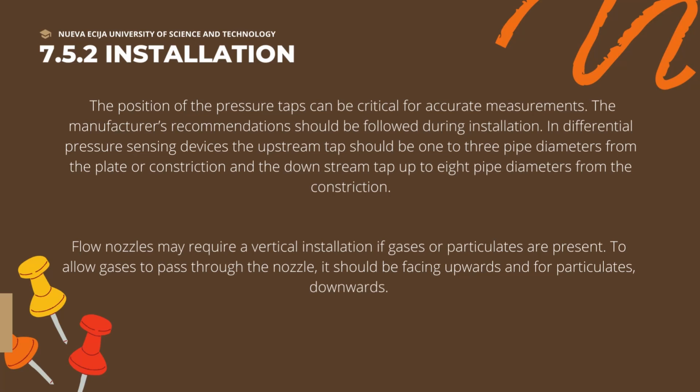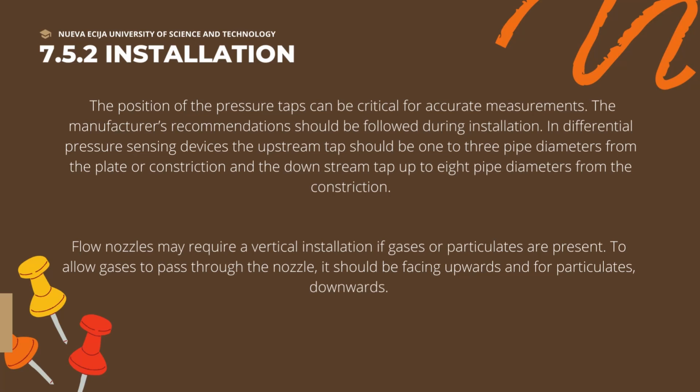In differential pressure sensing devices, the upstream tap should be 1 to 3 pipe diameters from the plate or constriction, and the downstream tap up to 8 pipe diameters from the constriction. To minimize the pressure fluctuations at the sensor, it is desirable to have a straight run of 10 to 15 pipe diameters on either side of the sensing device.